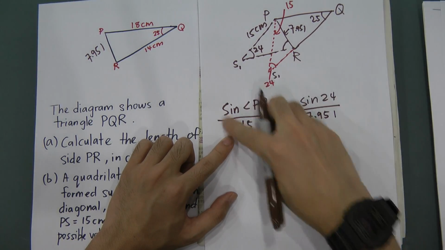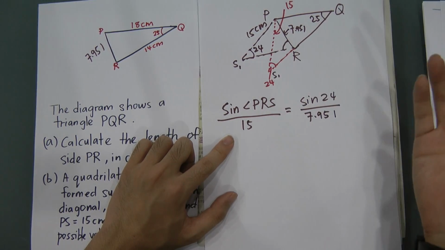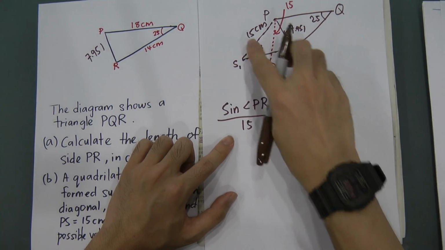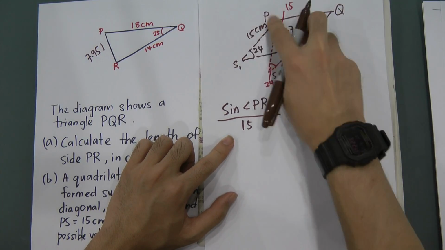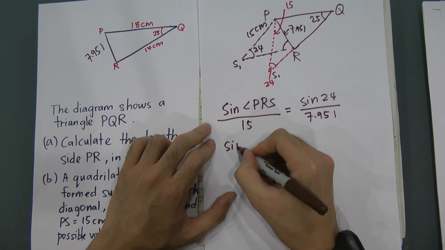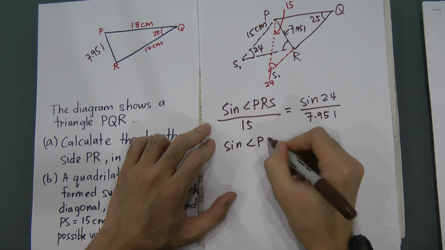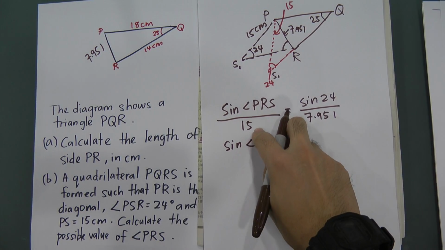This is the sine rule. You can use this rule to find angle or to find length. Very simple to use this rule. Just angle divided by opposite length, angle divided by opposite length, and must add the sine. So I just solve this equation. So sine angle PRS, I will get sine 24 divided by 7.951 and then multiply 15.